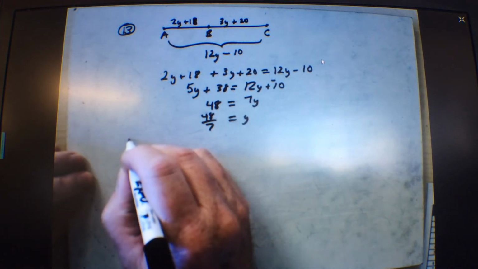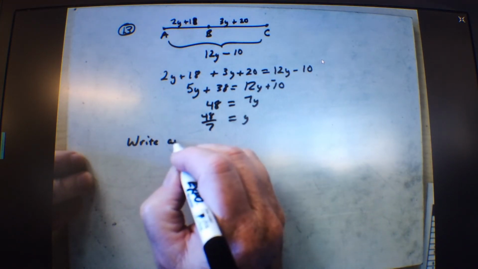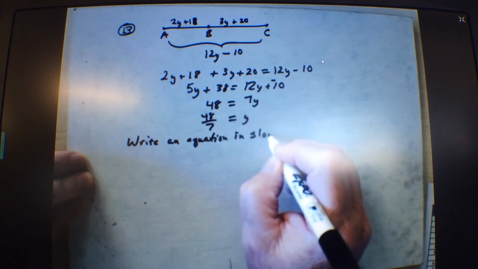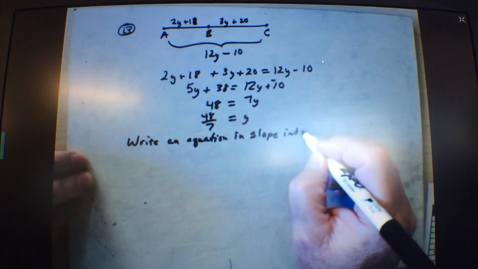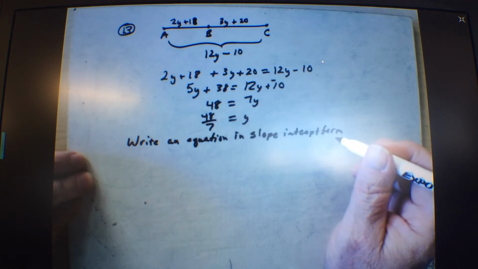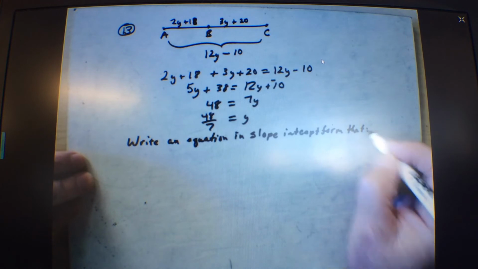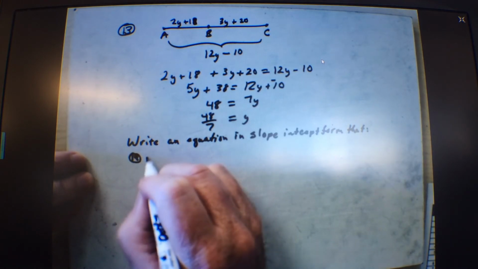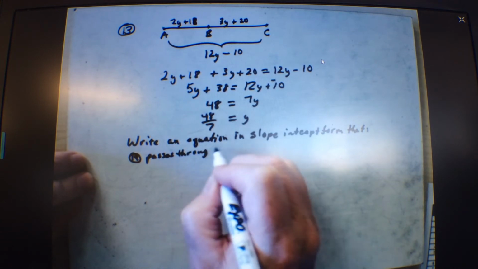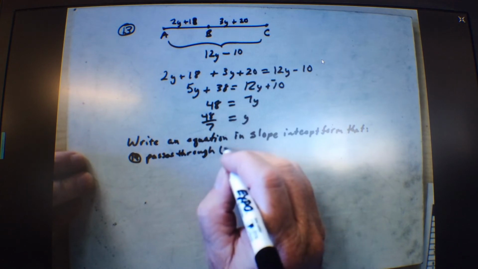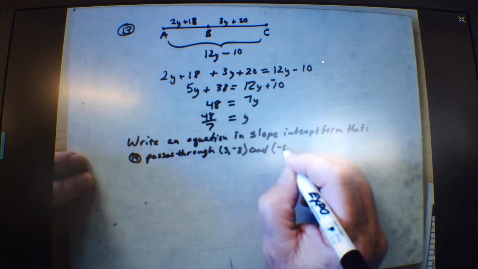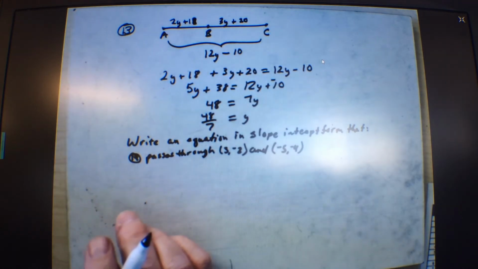Now the next part, number 14, says write an equation in slope-intercept form that passes through points (3, -2) and (-5, -4).